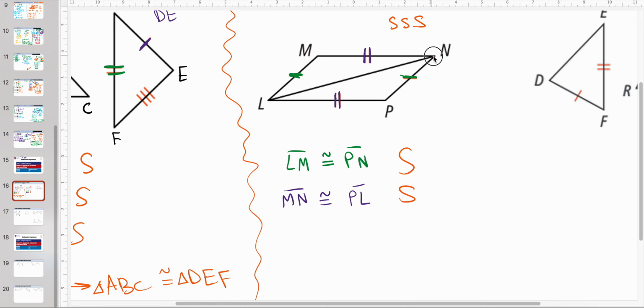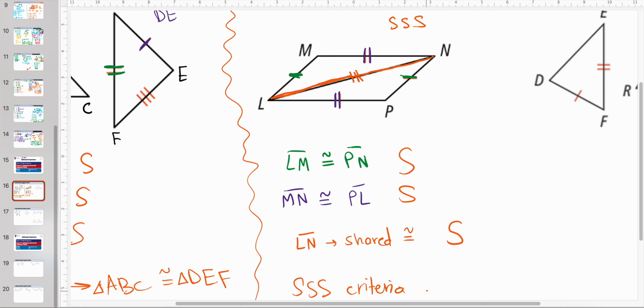The third side, as you can see, is a shared side among the two triangles. The triangle on top has this side and the triangle down also has this side, so it's definitely equal in both triangles. So the third side, LN, is congruent to itself, which means that it's shared. Since I have three sets of sides, these two triangles follow the side, side, side criteria.